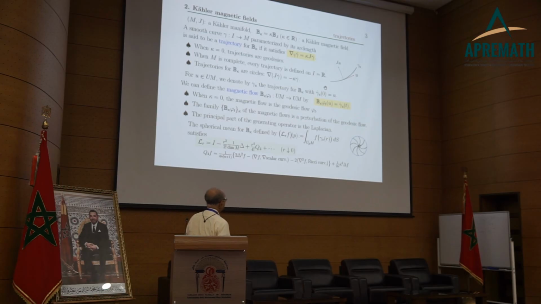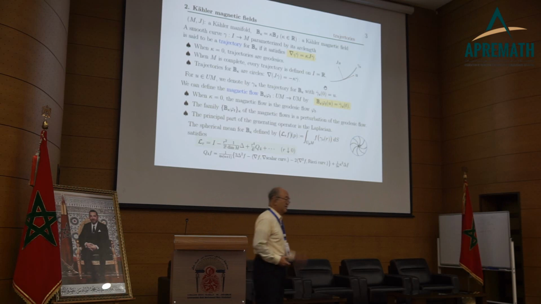So from both viewpoints, from the Frenet formula, the Kähler trajectory is a circle, so it is good. And from the viewpoint of dynamical systems, we can introduce the magnetic flow. So I think this is a very interesting object.